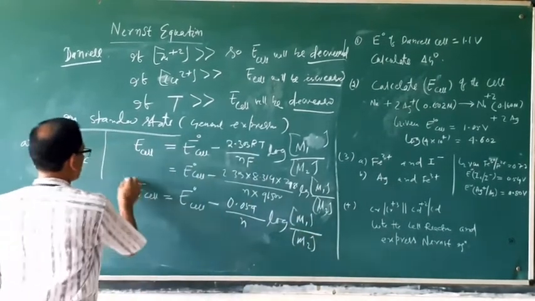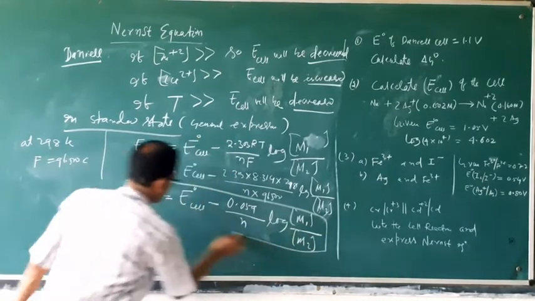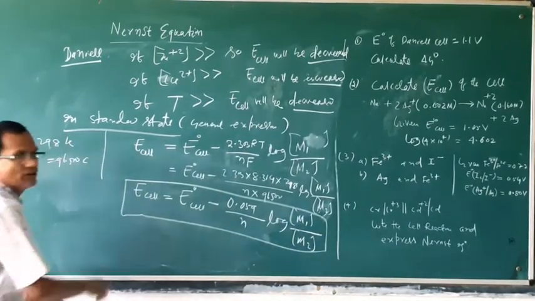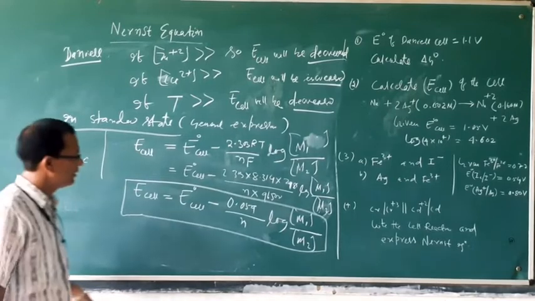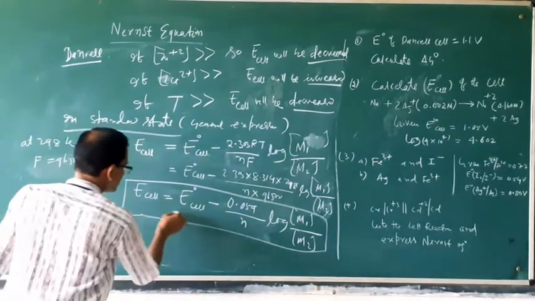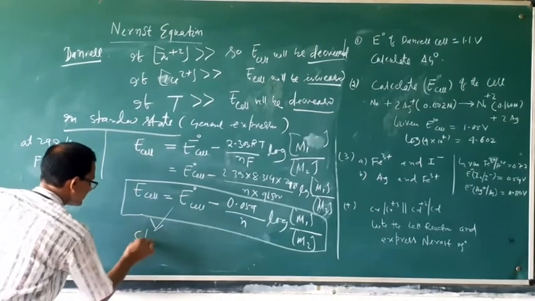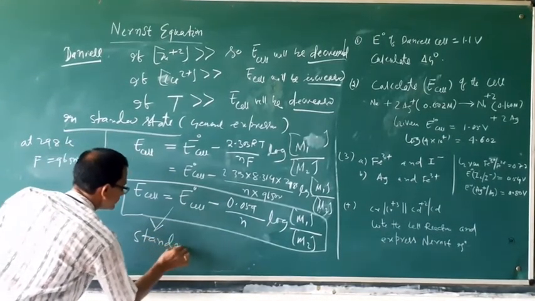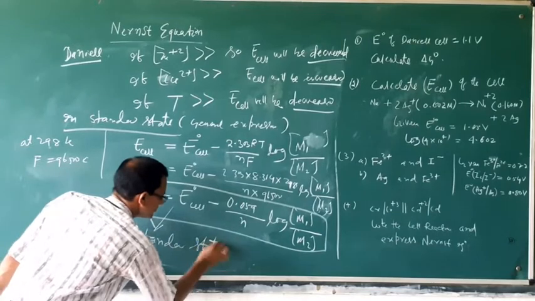So this is the final expression of cell potential of any cell in the standard state. This is the expression in standard state.